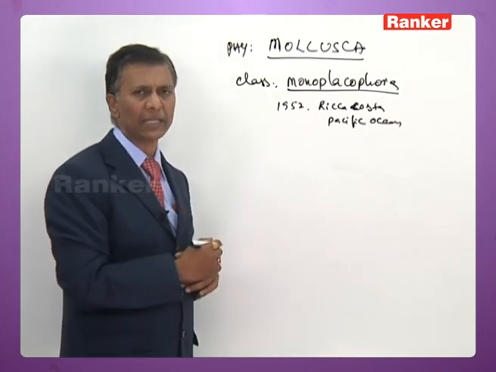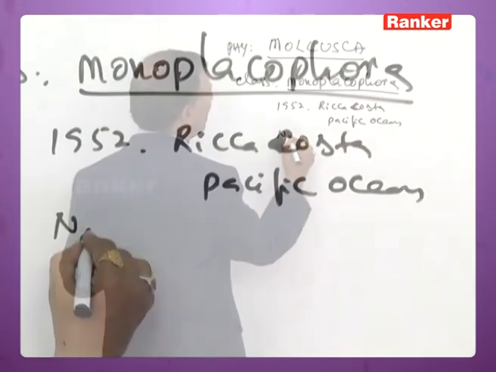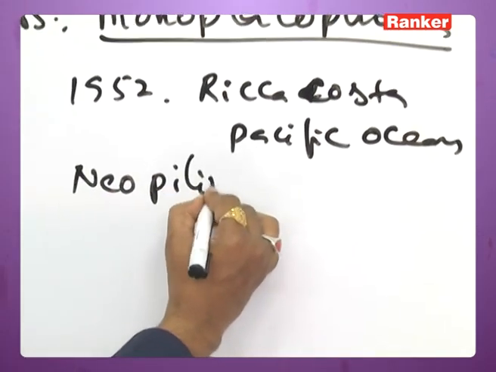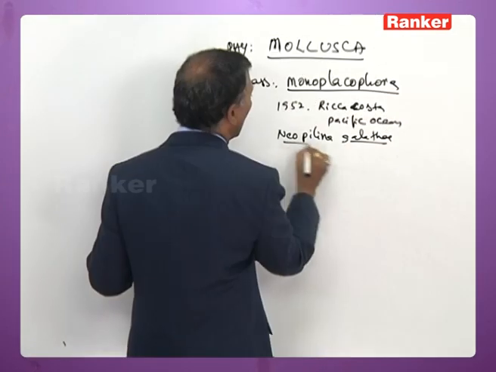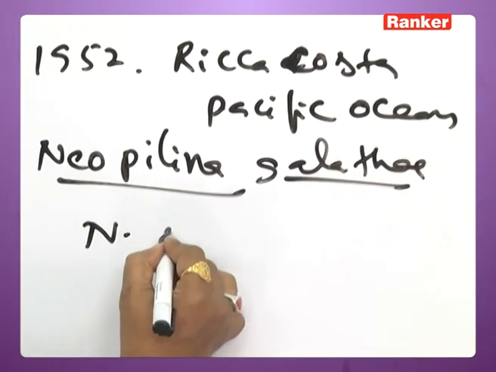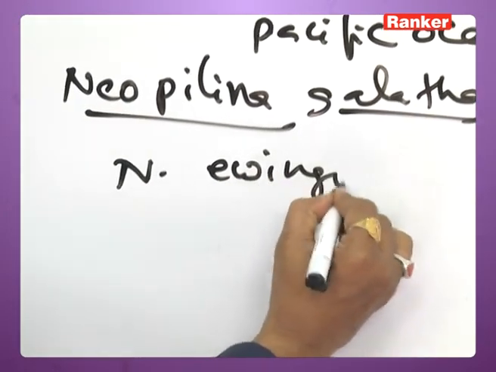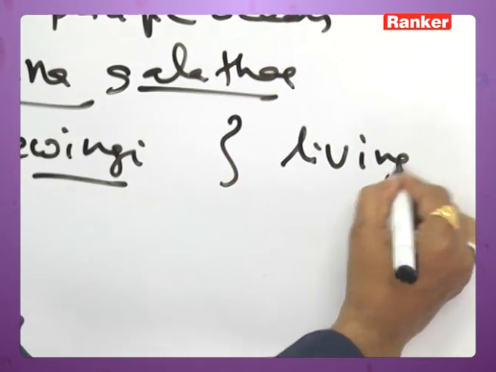Hence they are referred to as living fossils of phylum Mollusca. The best example for this group is Neopilina galatheae, because it was discovered during the Galathea expedition. Another example is Neopilina ewingi. That's why it is referred to as the living fossil of phylum Mollusca.